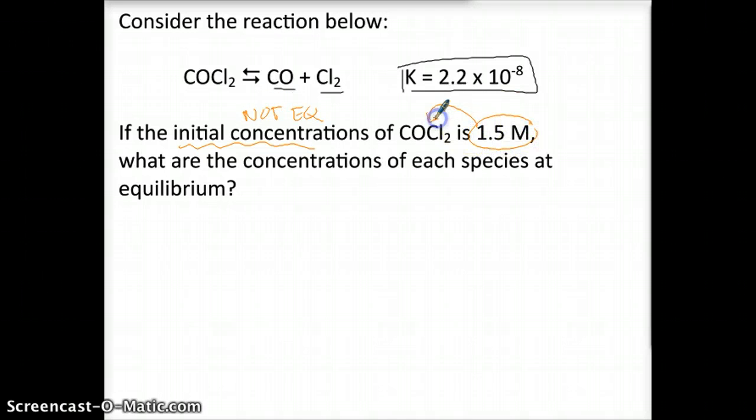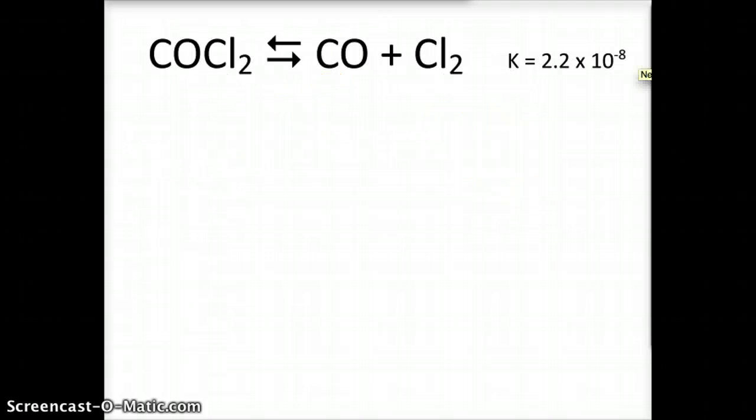So that's for CoCl2. What are the concentrations of each species at equilibrium? Remember, the word species is just another word for compound. So basically, we want to know what are the concentrations of this and this at equilibrium. So, rewrite the equation, set up an ice table.